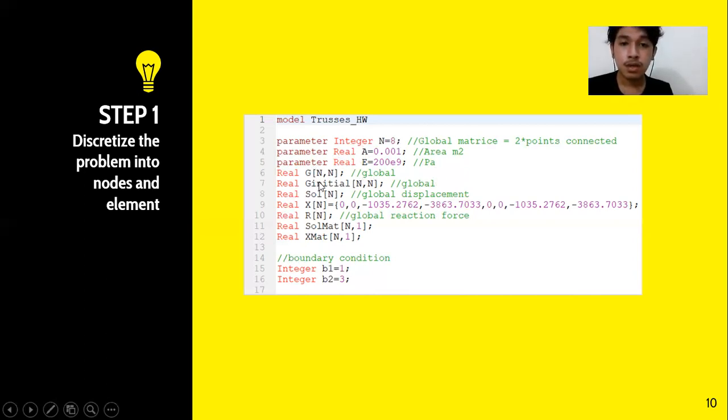So the G or n point n right here is the global matrices. We get to see right here, there are 8 global matrices, 1, 2, 3, until 8.